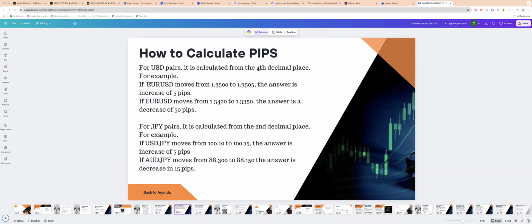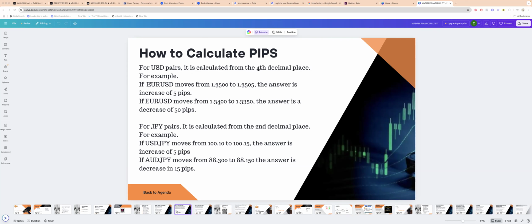Point in percentage means the difference between where you bought and where you sold. In this case, you bought EUR/USD at 1.3500 and it moved to 1.3505. You calculate the difference at the fourth decimal place between the numbers.